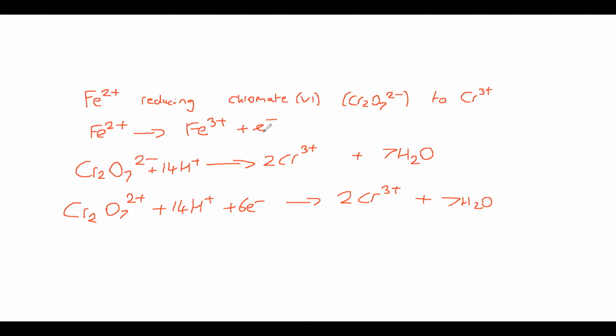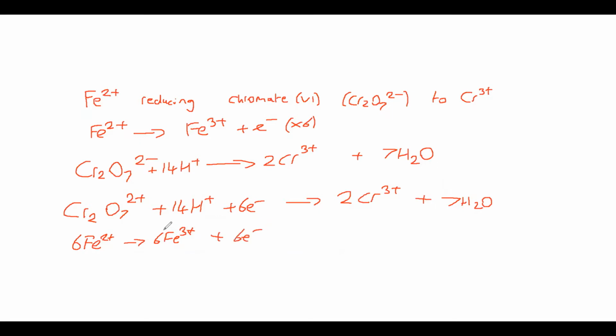So you see that in order to have enough electrons from the ion, we're going to have to times this equation by 6. So that will give us 6 Fe2 plus going to 6 Fe3 plus 6 electrons.